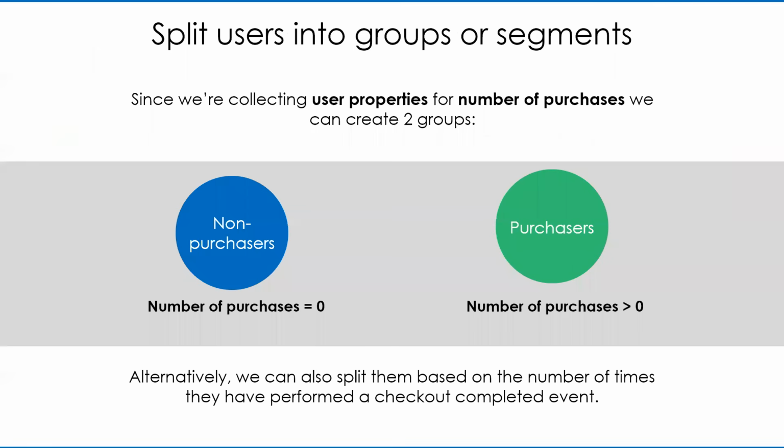So using the user property of number of purchases, we can create two groups or segments of users. Non-purchasers who have number of purchases equal to 0, and purchasers whose number of purchases is greater than 0. We could also use events and say we want to define non-purchasers as people who have never performed the checkout success event, while our purchasers are those who have.